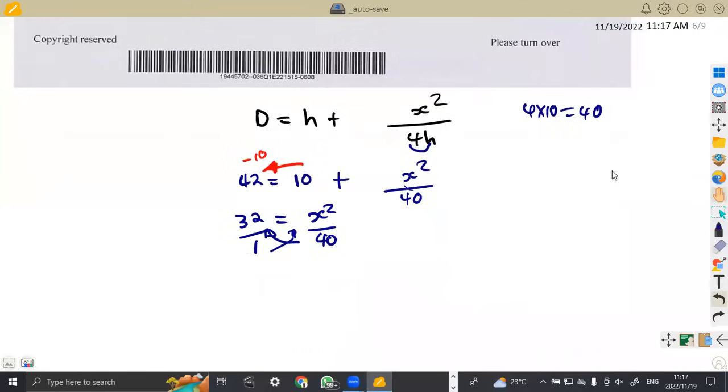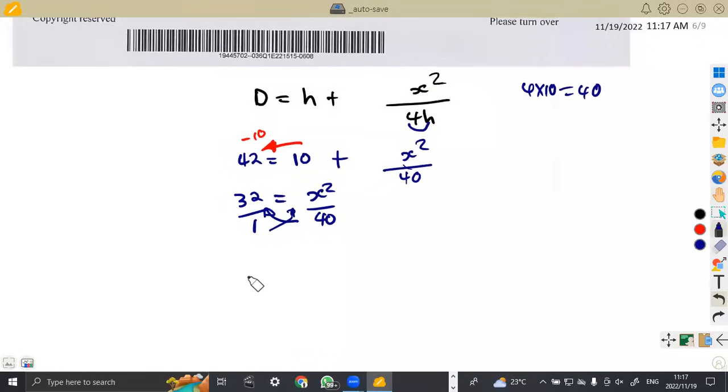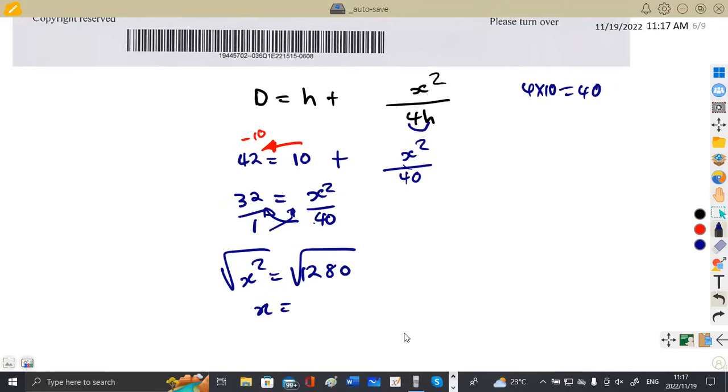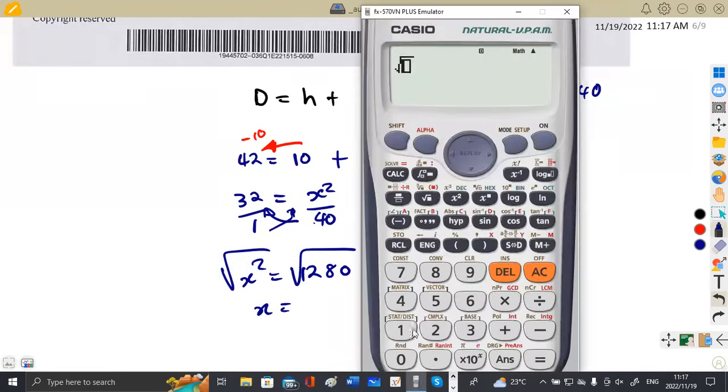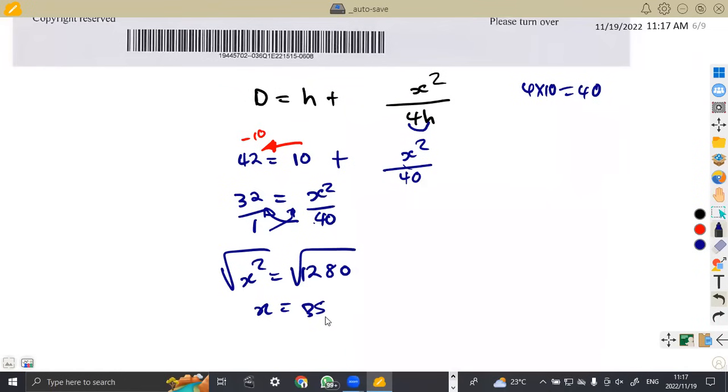So X squared is equal to 32 times 40, which is 1,280. To find X, we introduce the square root, which is the square root of 1,280. That's 16 square root of 5 or 35.777. So that is our X.